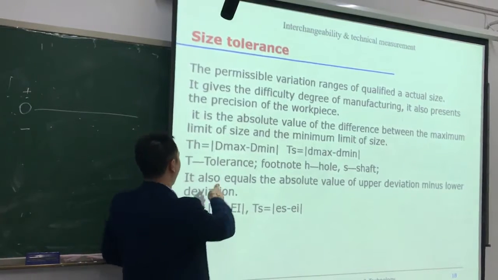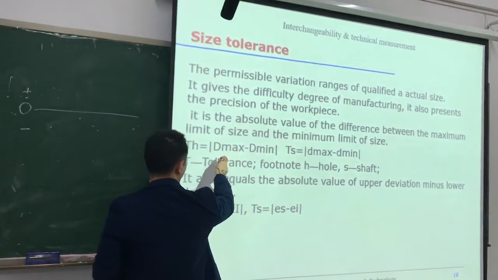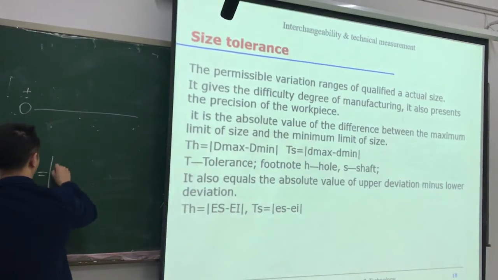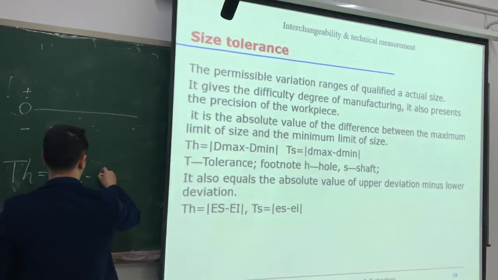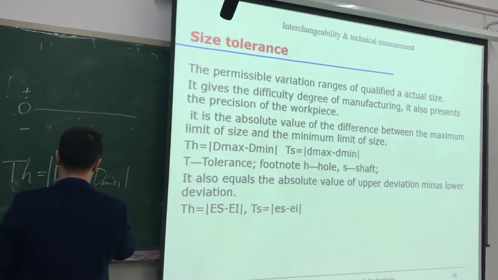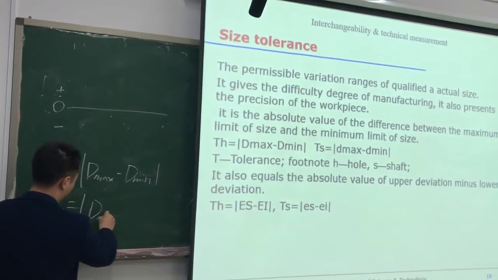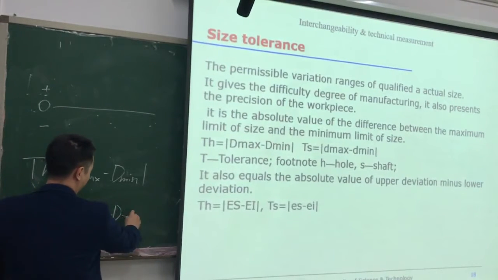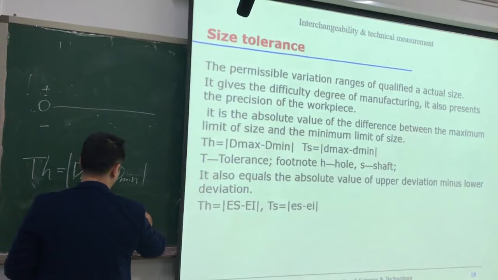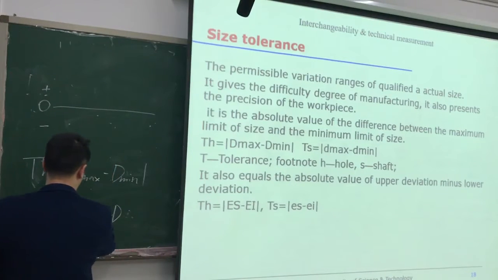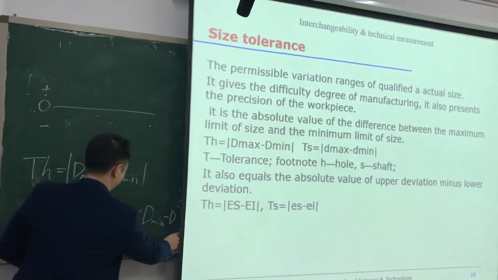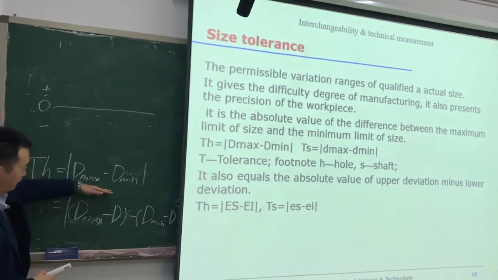How can we get this equation from the previous one? TH equals the max minus the min. So we can subtract a capital D and add a capital D here. Are they equal?